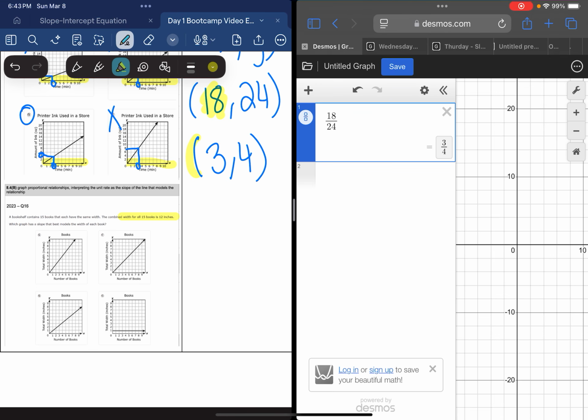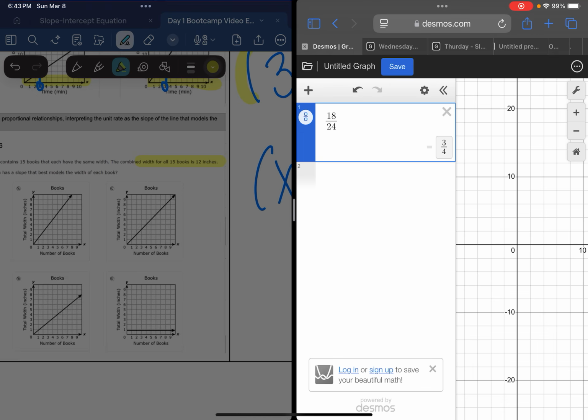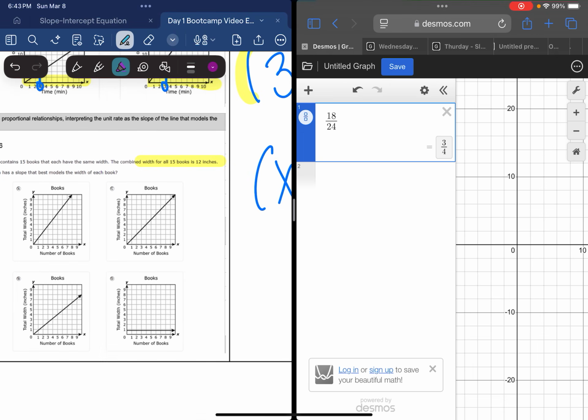Okay, so again, step one is to figure out which of these numbers is X and which one is Y. However, books and inches are not so easy to distinguish. So in that case, I'm going to go to my graphs, and I can see that my x-axis is number of books.